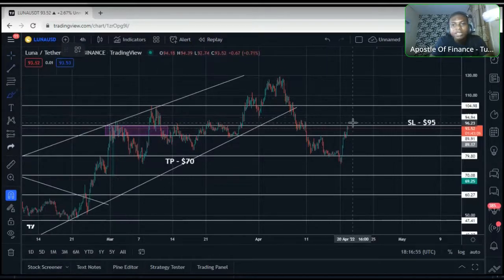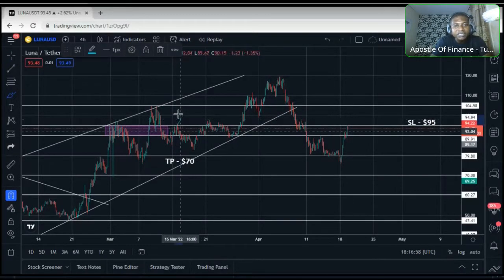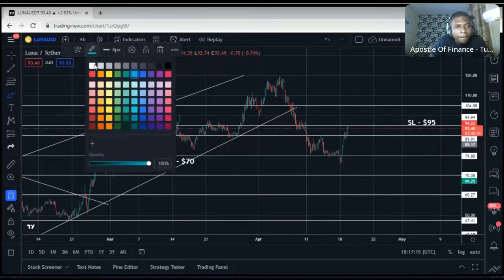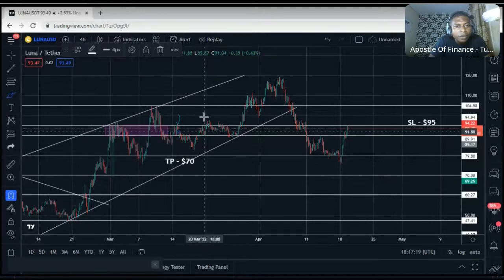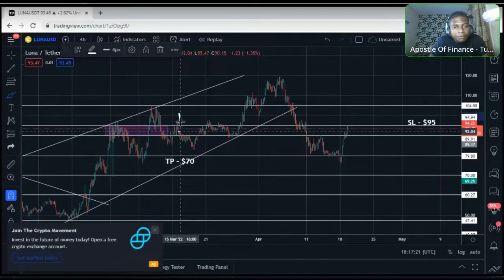Now, price, if you look at it, look at this spot here. If you look at this spot here, and this same spot, now look at this same place.